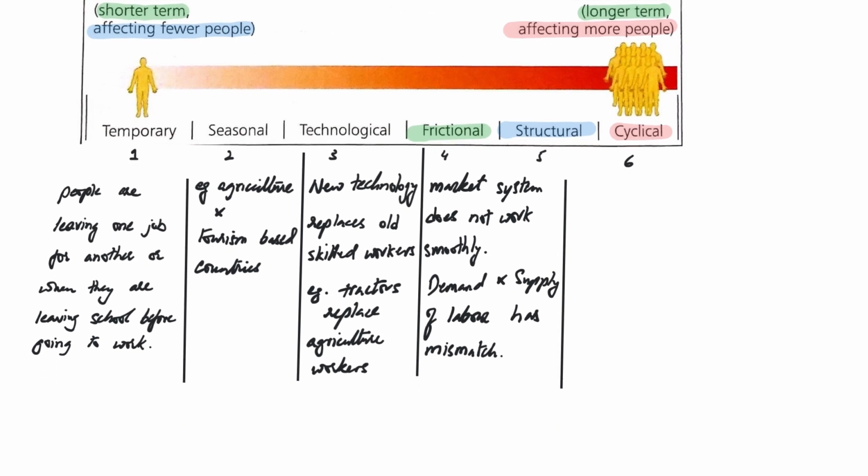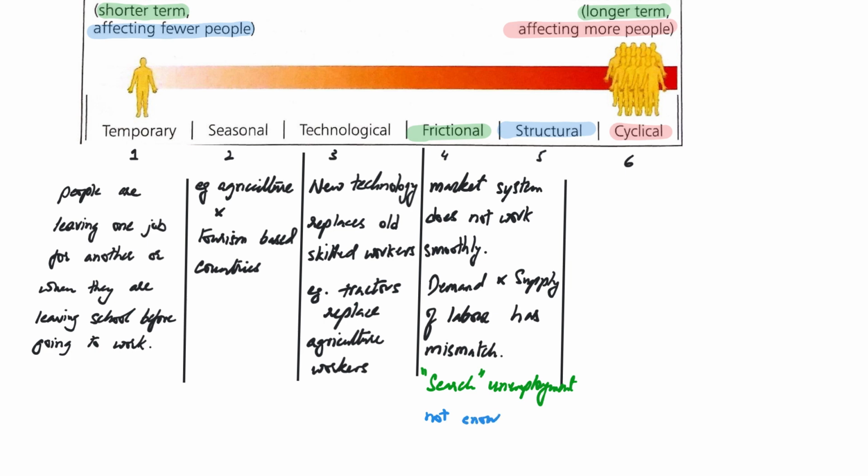In frictional, later on we will also talk about how it is a kind of what is also called search unemployment. This is happening when you're trying to look for work for your skill which will pay you the job that you want, and you're not able to find that particular job. Why? Because there is not enough information.